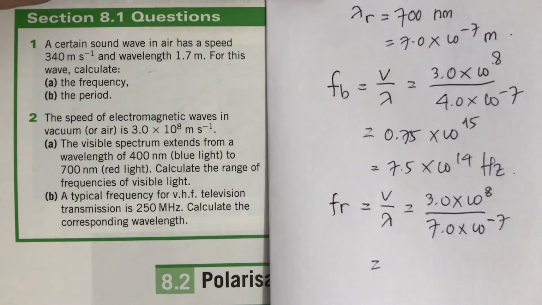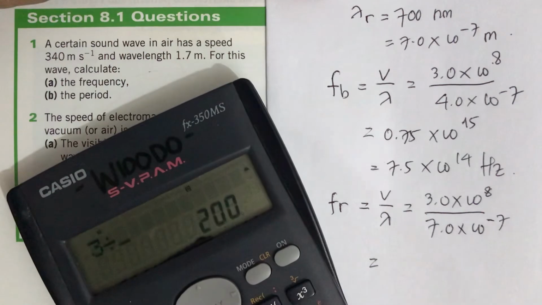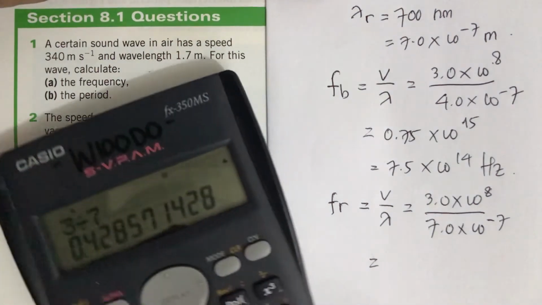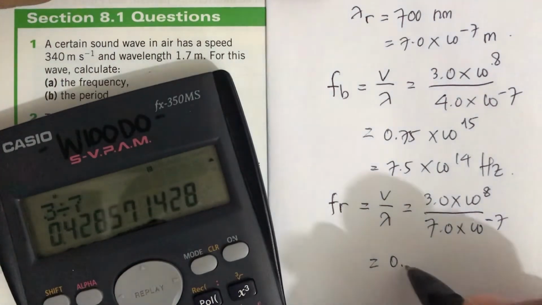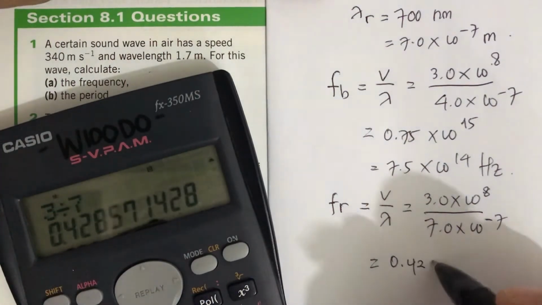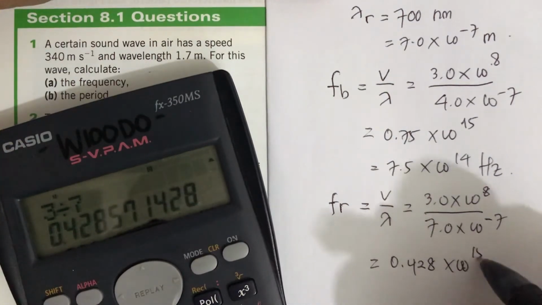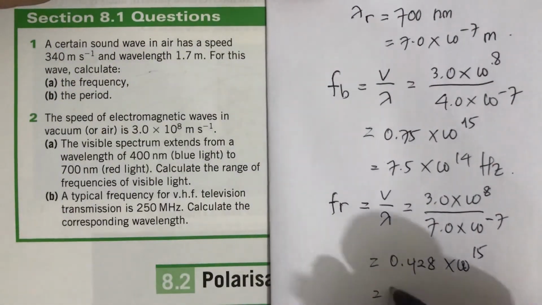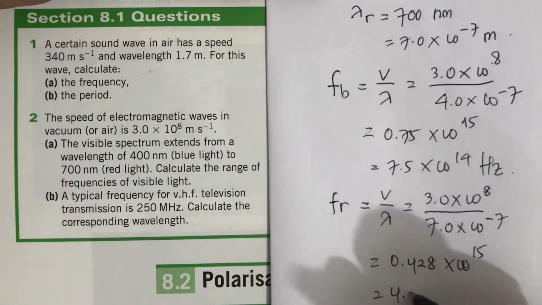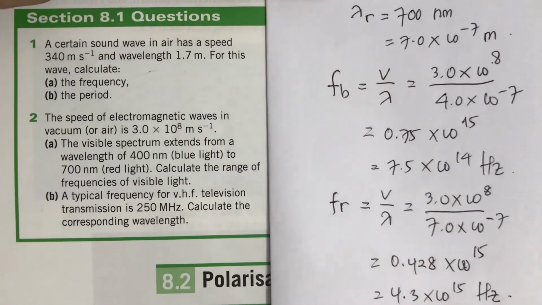I think we need a calculator. 3 divided by 7 is 0.428, times 10^15, right? Or we round this, let's say 4.3 times 10^14 hertz.